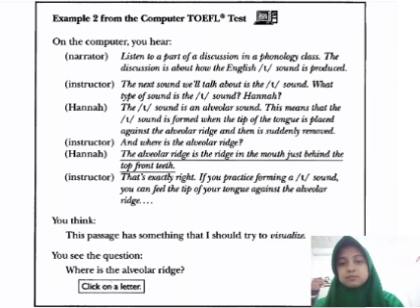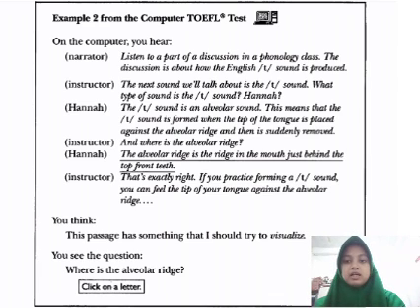The instructor asks again, and where is the alveolar ridge? Hannah answers again, the alveolar ridge is the ridge in the mouth just behind the top front teeth. The instructor says again, that is exactly right. If you practice forming a T sound, you can feel the tip of your tongue against the alveolar ridge.